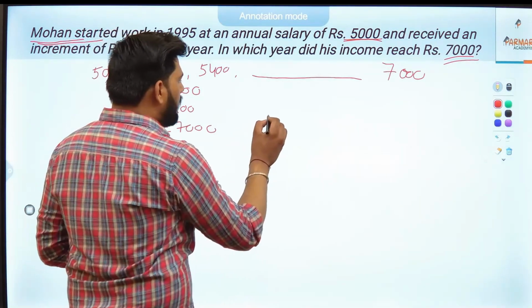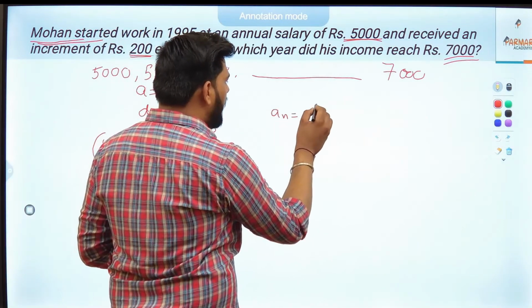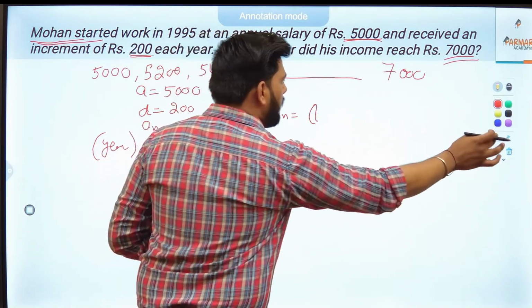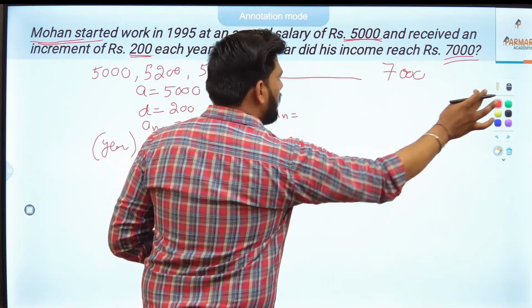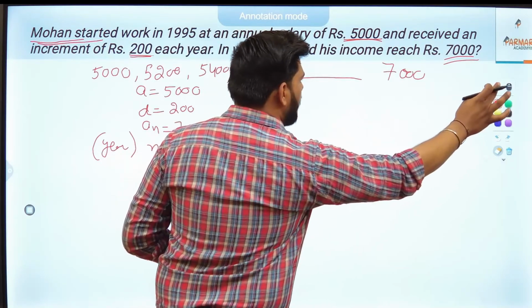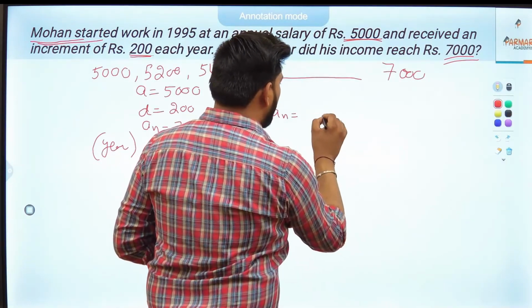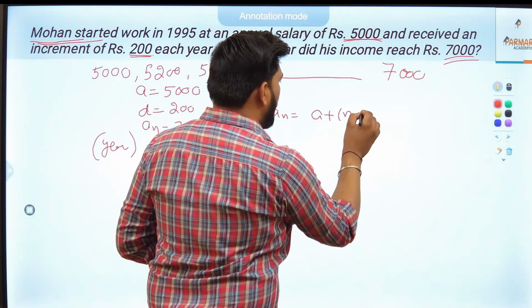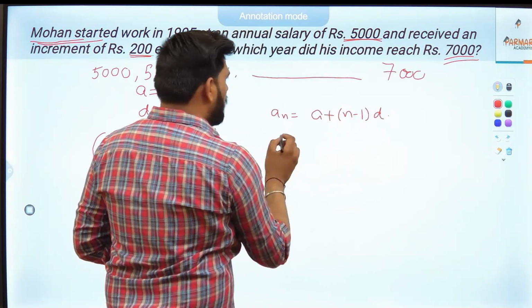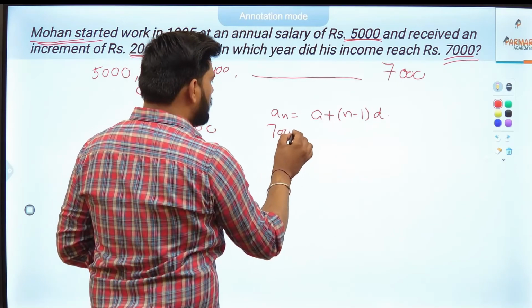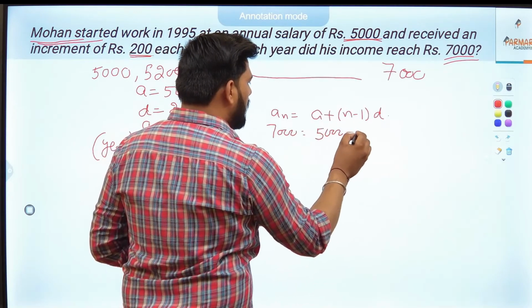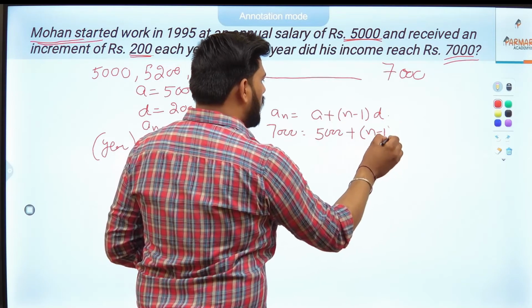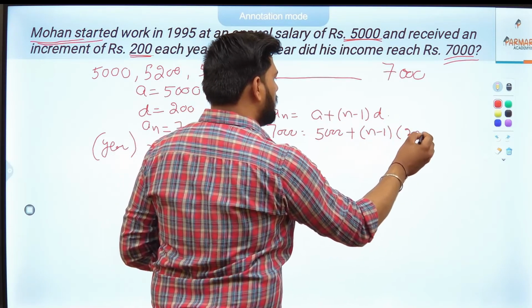So simply again using the basic formula, AN is equal to A plus N minus 1 times D. So AN is 7000, that is A 5000 plus N minus 1, D difference is 200.